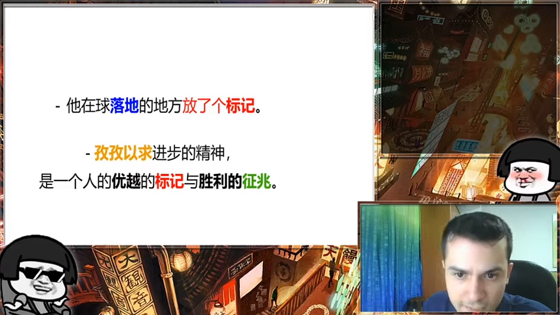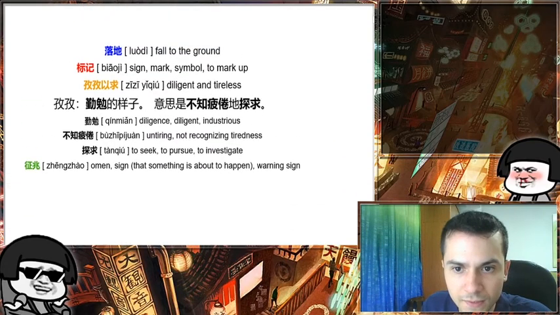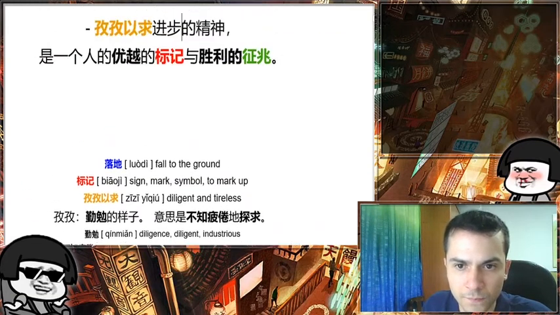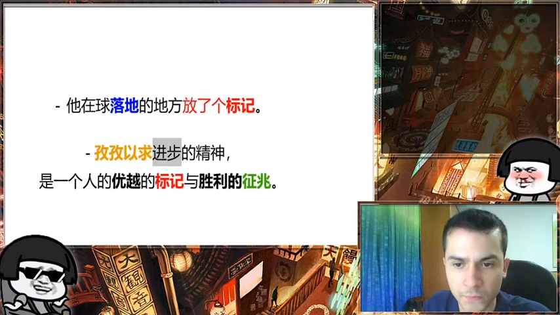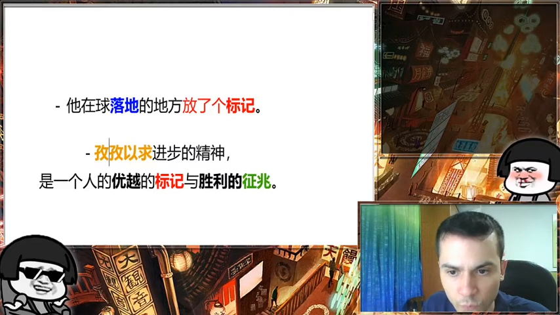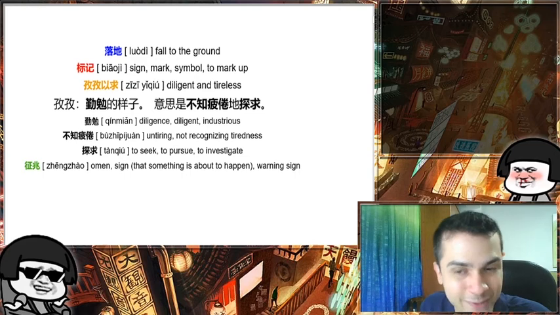Okay, so 孜孜以求进步的精神, that mindset of constantly, diligently, tirelessly trying to progress, to improve. So this type of mindset 是一个人的优越的标记与胜利的征兆.